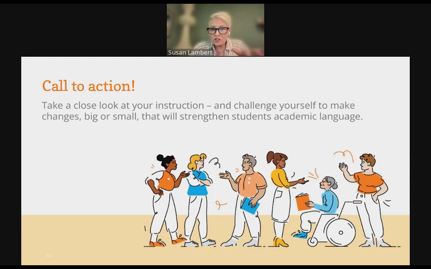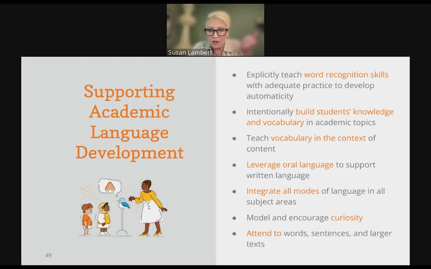So my challenge to you, my call to action to you, is for you to really take a look either at your own instruction, the instruction that's happening in your building, or it could be, like me, something that you're learning about, and challenge yourself to make some changes that will strengthen your students' academic language. If we go back to this list, think about how many of these you're incorporating into the way that you're teaching.